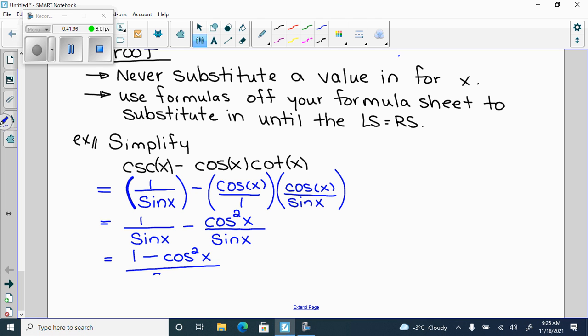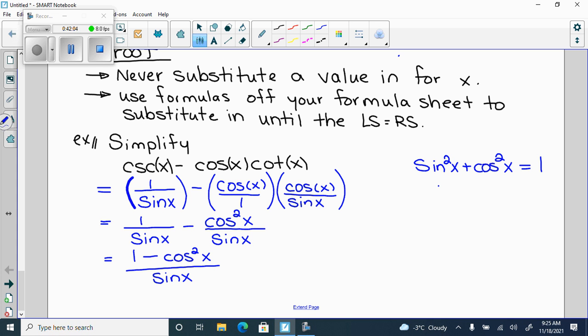over sine x. Does anyone know any formulas off my formula sheet that could substitute out here? The top Pythagorean theorem identity. Yep. That's why I said you need to remember that you have variations and you need to memorize your variations. Sine squared x plus cos squared x equals 1, correct?